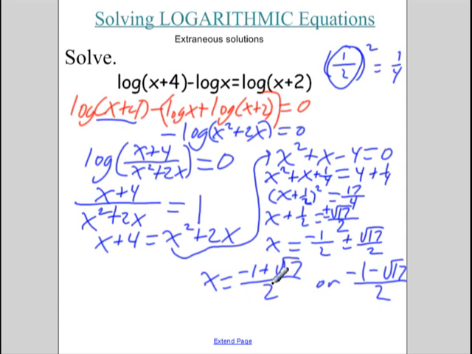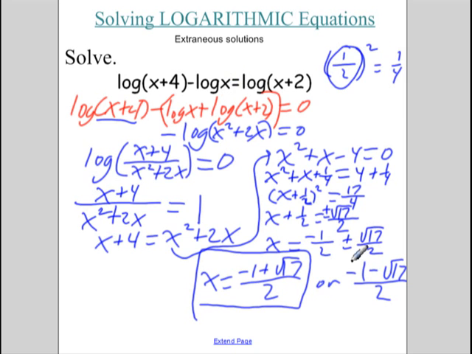This first expression on the left is a positive number. Square root of 17 is a little more than 4, so negative 1 plus a little more than 4 is positive, so no problem there. But this expression, negative 1 minus rad 17, is clearly negative, and we can't have a negative solution because we'd have a log of a negative, and as you know, the domain of log functions, the thing you're taking the log of, has to be greater than 0.